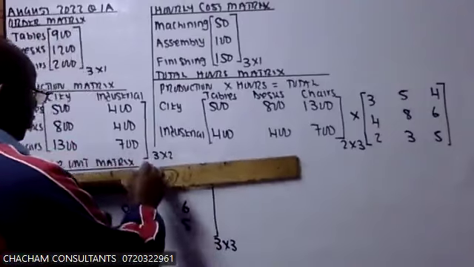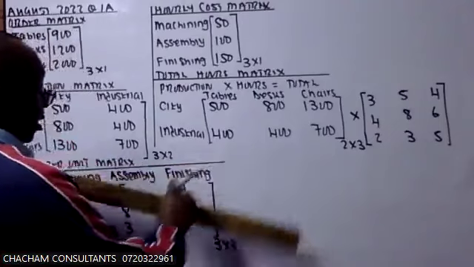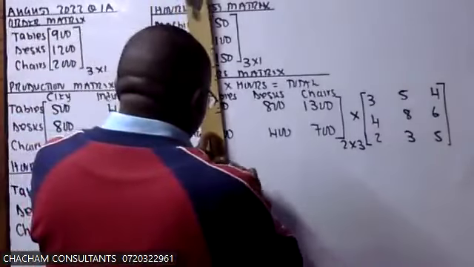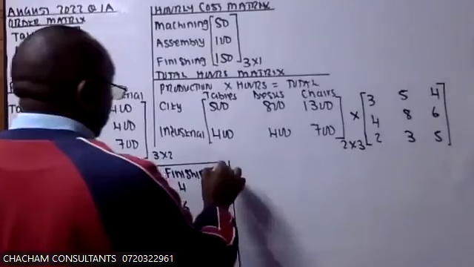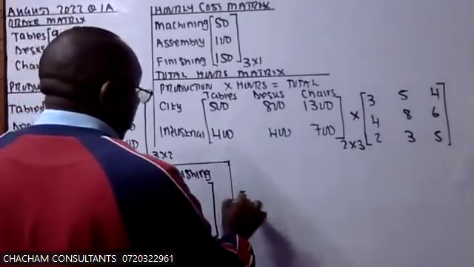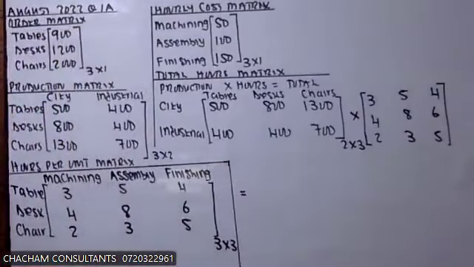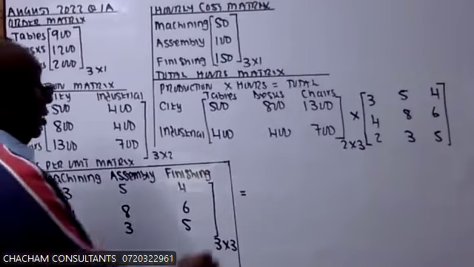And when I come to multiply the matrix, it will have rows of the first matrix and the columns of the second matrix.